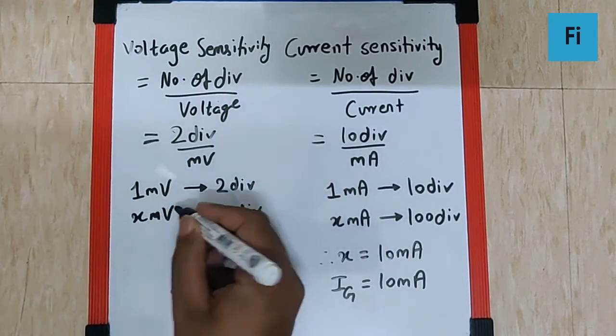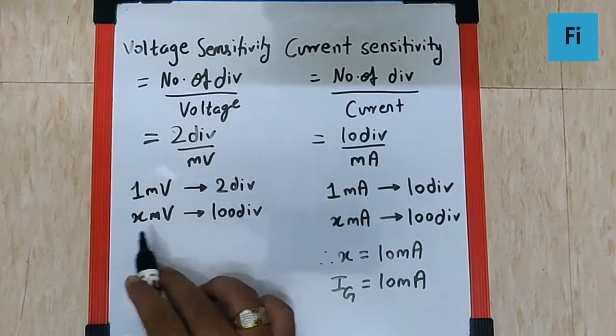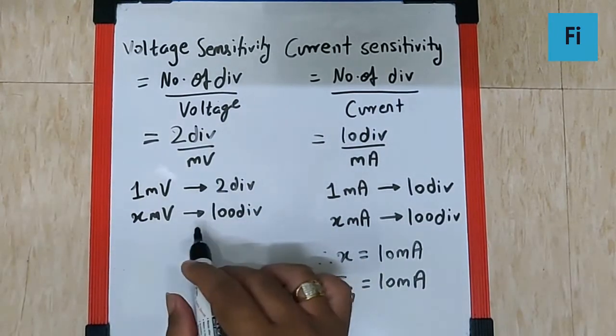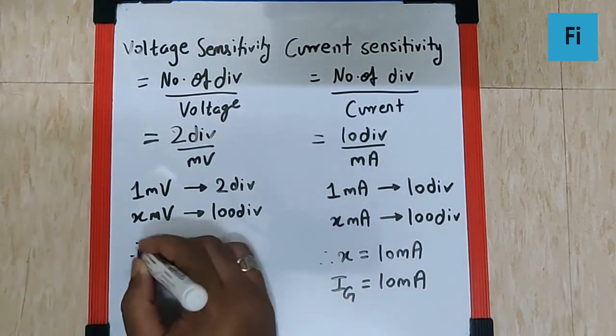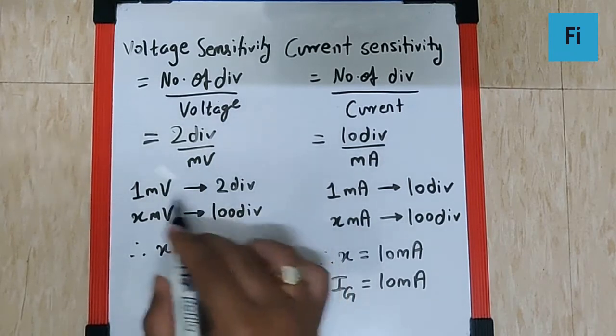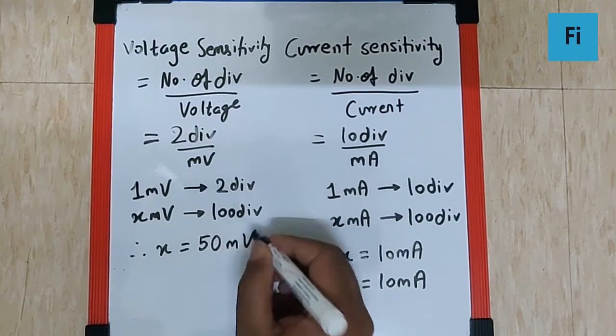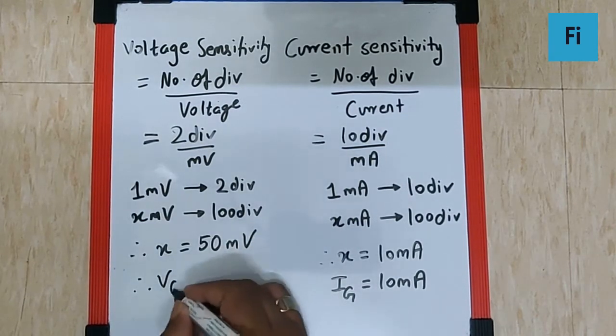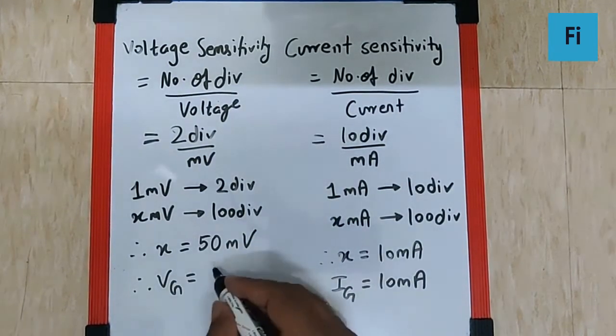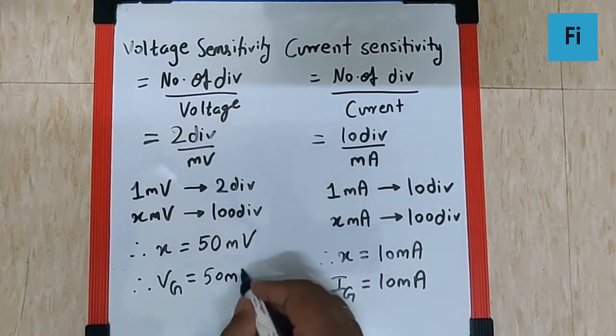So what will be the voltage? Using the unitary method, we get X as 100 into 1 upon 2, that is 50 millivolt, and that means the potential difference across the galvanometer is 50 millivolt.